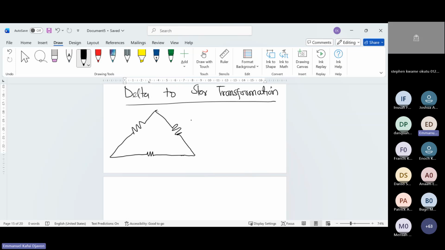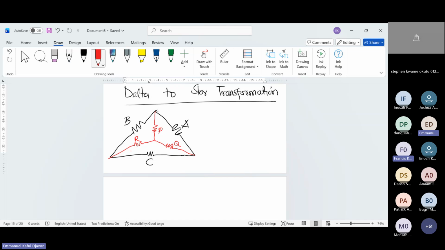Remember, this is A, this is B, and this is C. To do the transformation, you draw a star inside the delta. Remember, for the star, it is P, Q, and R.